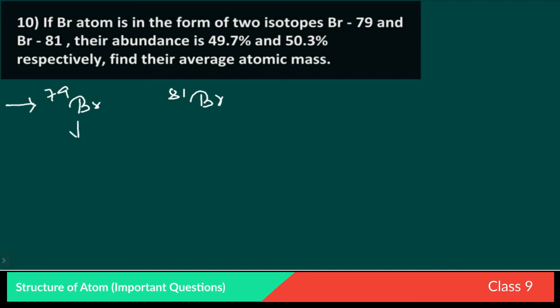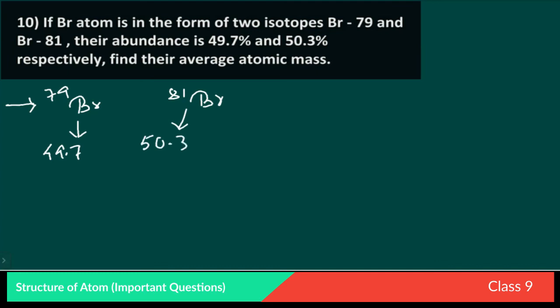Abundance means its availability in nature. The availability of bromine 79 is 49.7, and for bromine 81, it is 50.3.